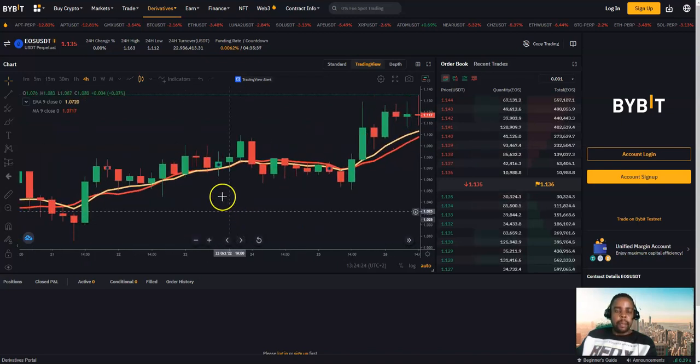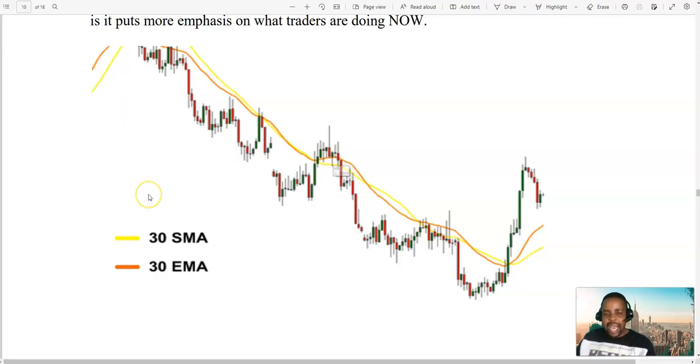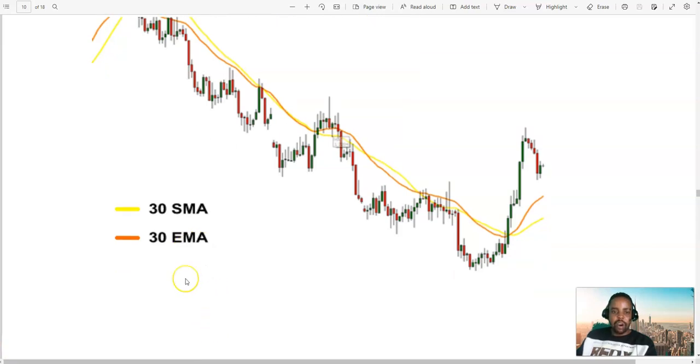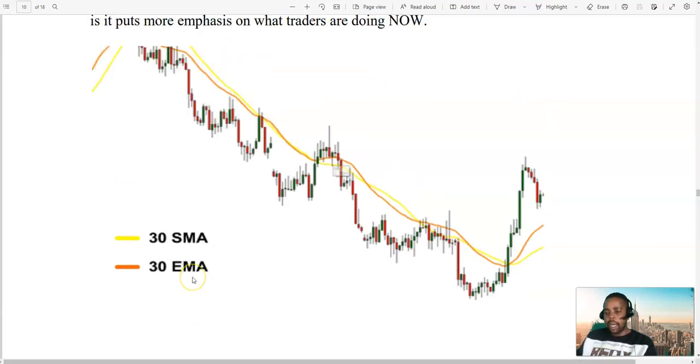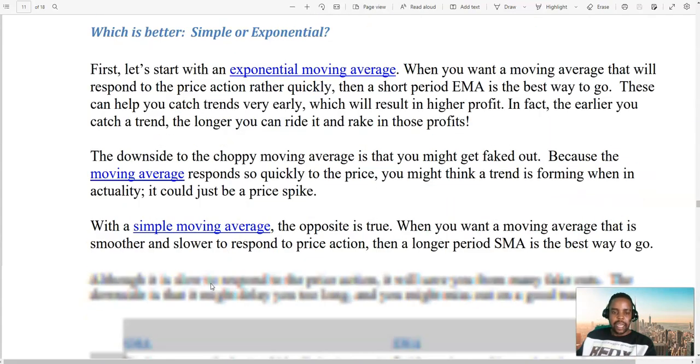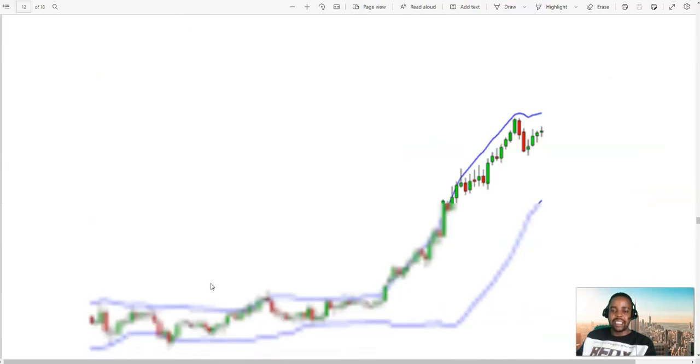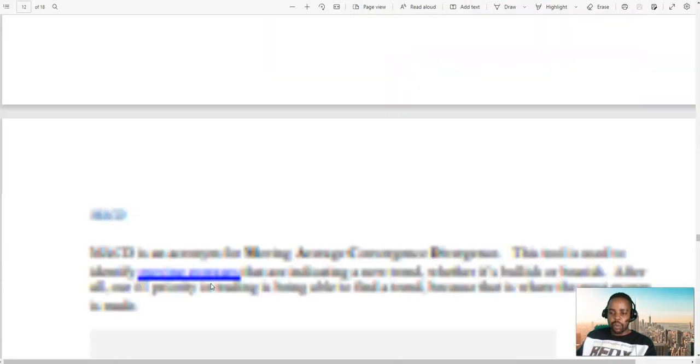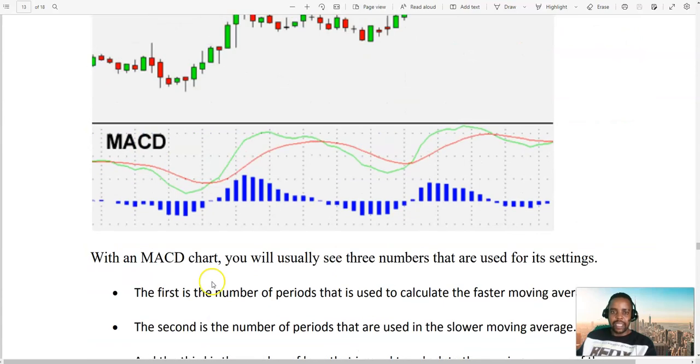But going further on, there are other ways simple and exponential moving averages are applied, in the case of MACD, or moving average convergence divergence. As you can see, this is another example on the PDF of putting an exponential moving average and a simple moving average, two different types of moving averages. Now there are other ways that you utilize these moving averages through this indicator that I'm going to show. MACD here.